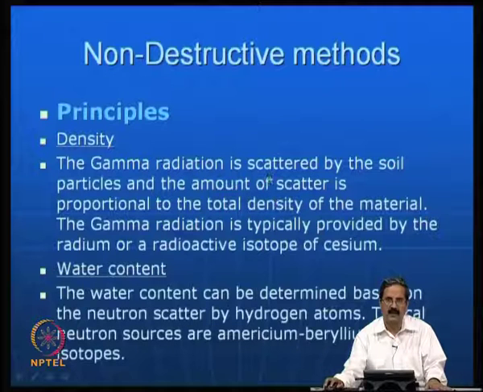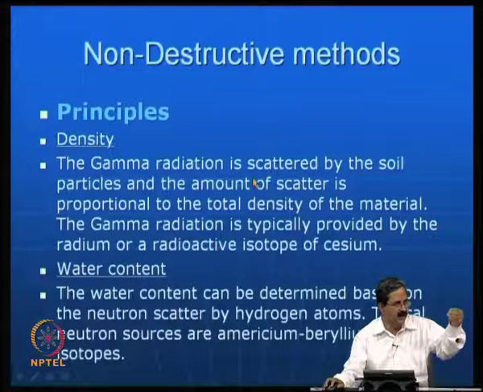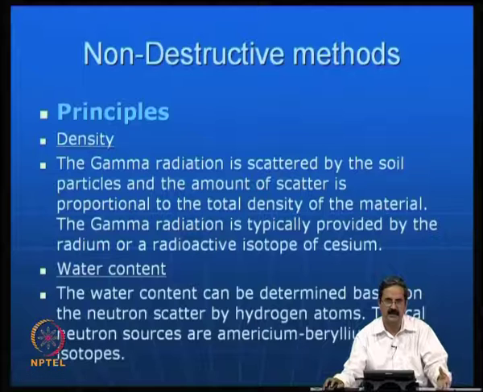The principle is that the soil particles scatter the radiation as it comes from a source, and the amount of scatter is proportional to the total density of the material. Gamma radiation is typically provided by radium or a radioactive isotope of cesium.